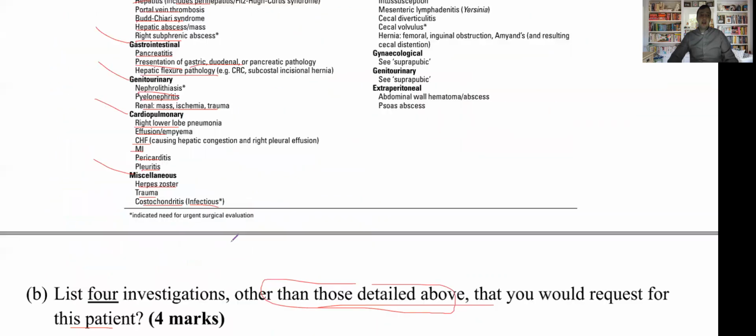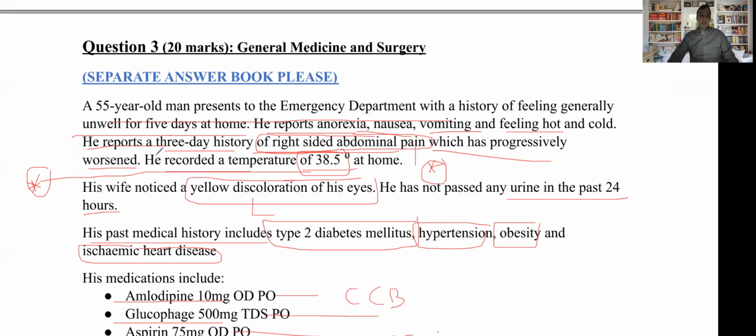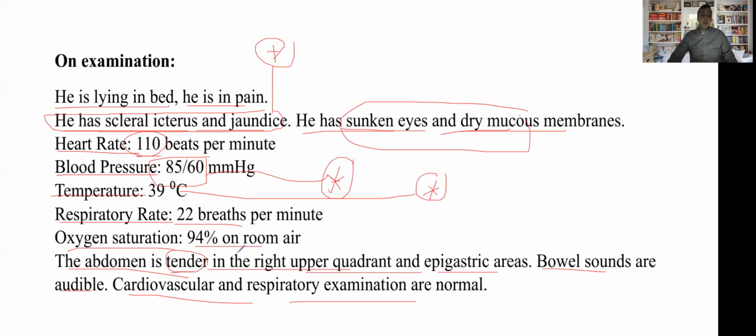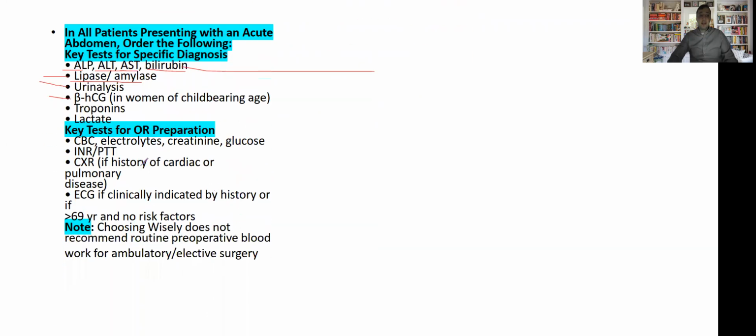Our patient, I think, is a male patient, so there is no point in putting beta hCG here. If she is female of childbearing age, you have to put beta hCG. Troponin here, you have to mention, I think, for cardiac causes. And lactate was already mentioned in the stem of the question.